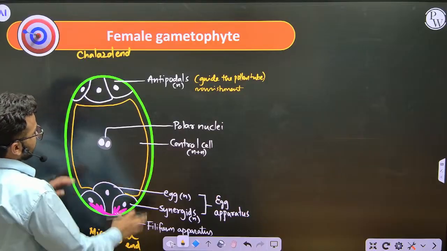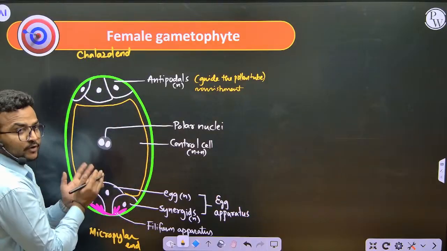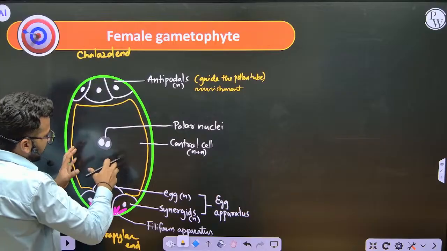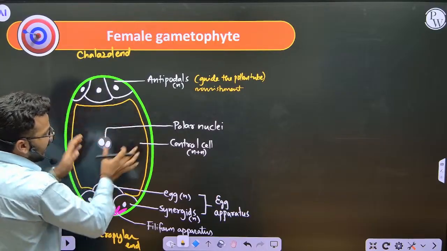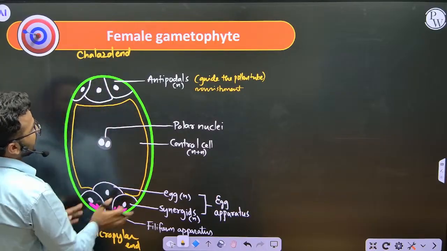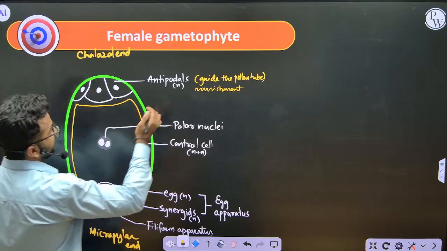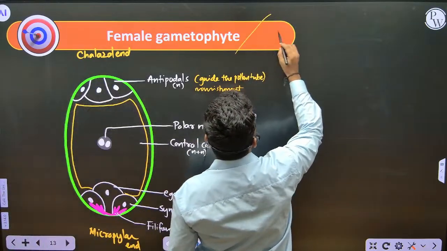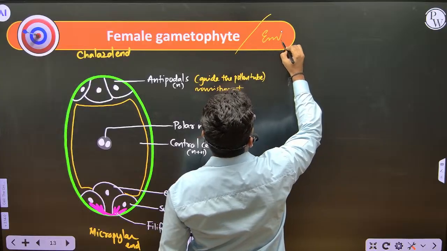This is the embryo sac. Embryo sac means after the fusion of gametes, the embryo is going to form there, so that's why we call this the embryo sac. The female gametophyte is nothing but the embryo sac.